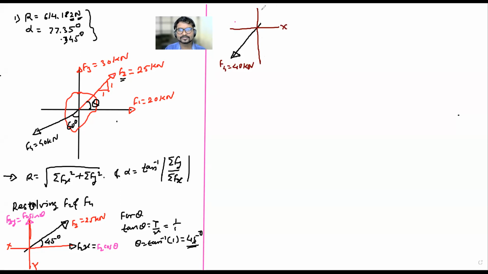हाँ, बोला पुढे. नेक्स्ट काय करायचं आता? कंपोनंट रिझॉल्व करायचे. कंपोनंट्स काढायचे. याचा वाय कंपोनंट खाली असणार आहे, बरोबर ना? येस सर. आणि एक्स कंपोनंट कुठं, राईटला की लेफ्टला? लेफ्टला. ओके, चला बोला पुढं.